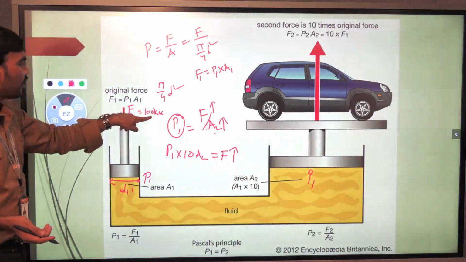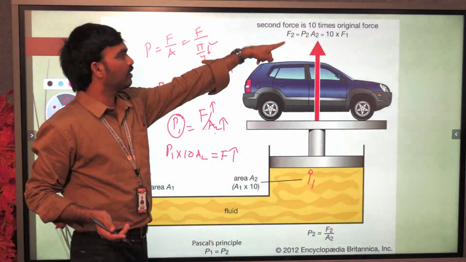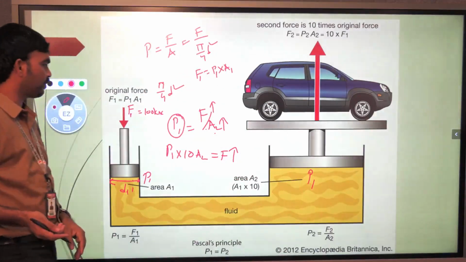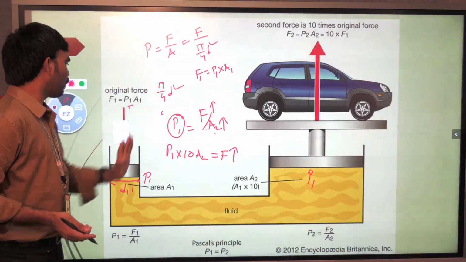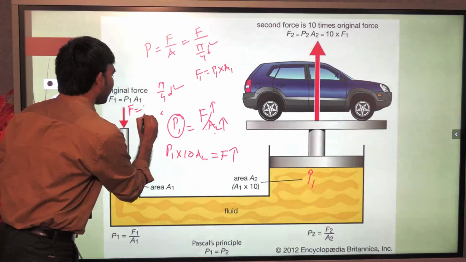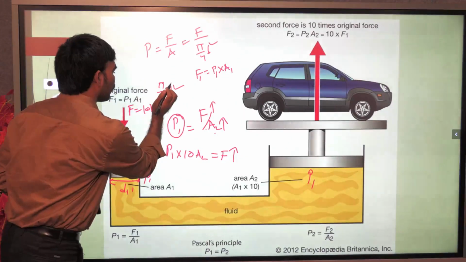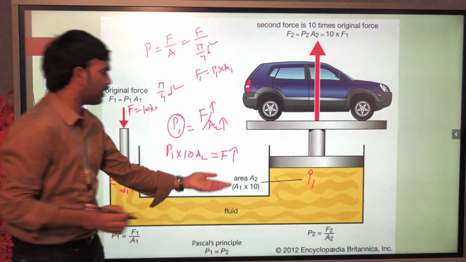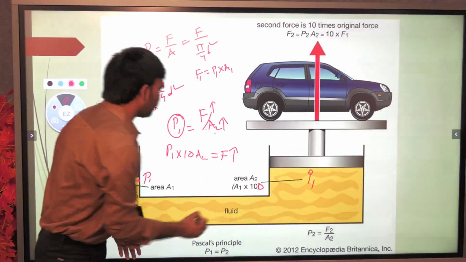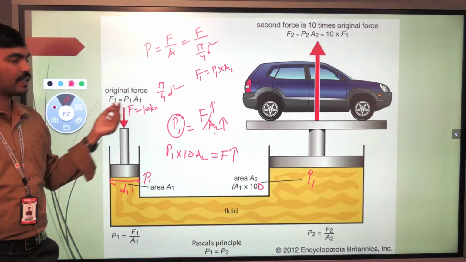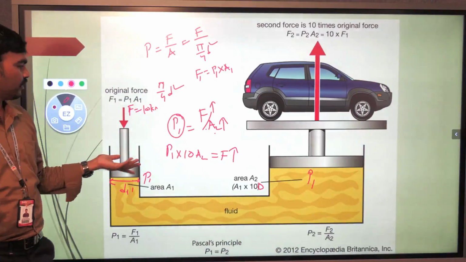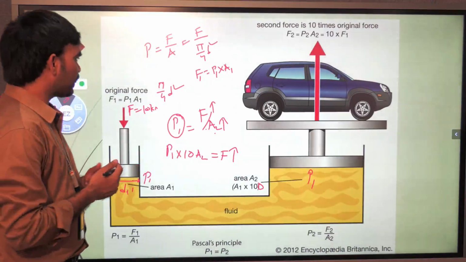By applying 100 kilonewtons, I can lift 1000 kilonewtons here. If I apply 10 kilonewtons force here, and increase the area by 100 times, it can lift 1000 kilonewtons weight. So this is one of the best examples.